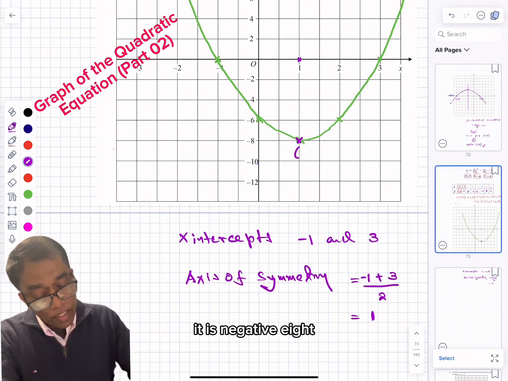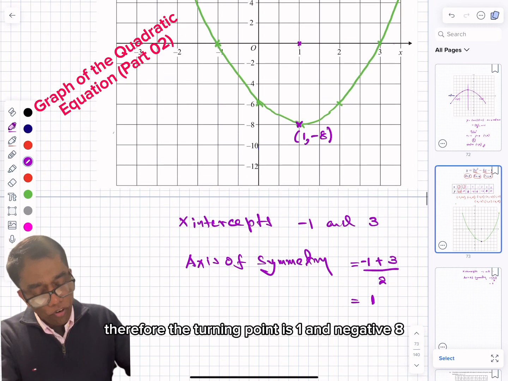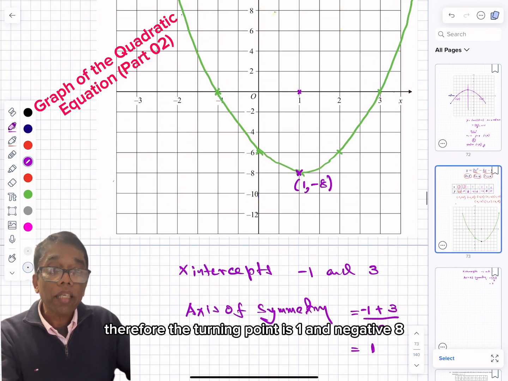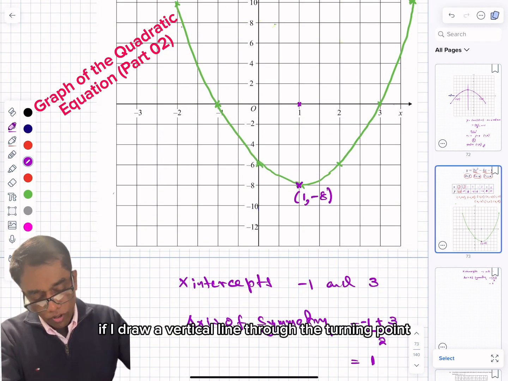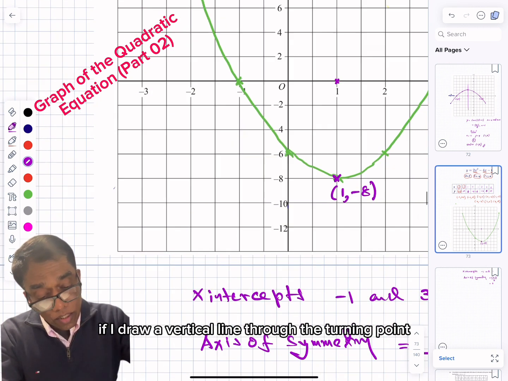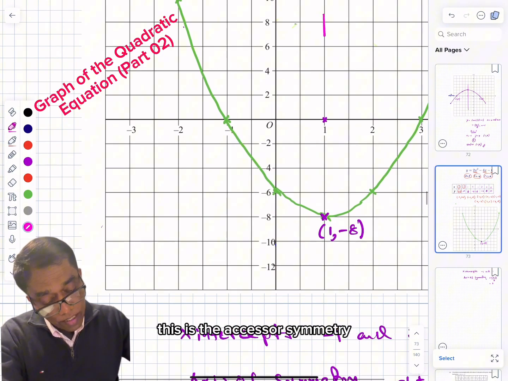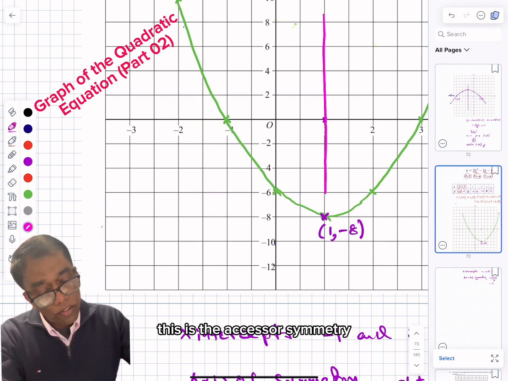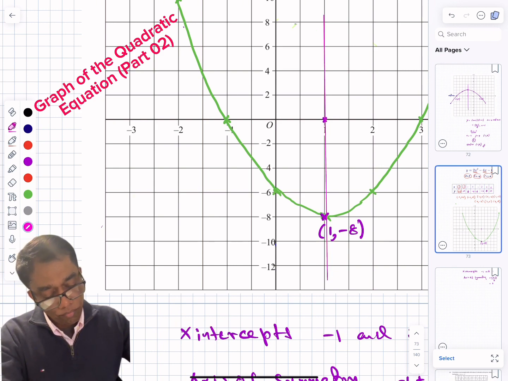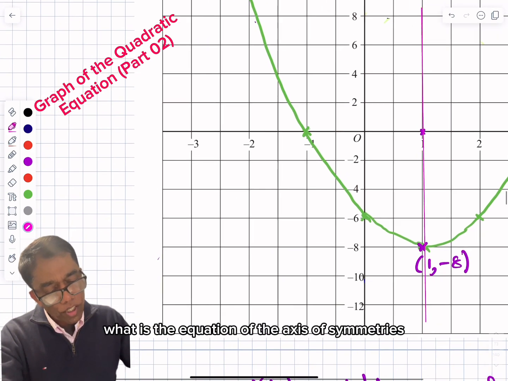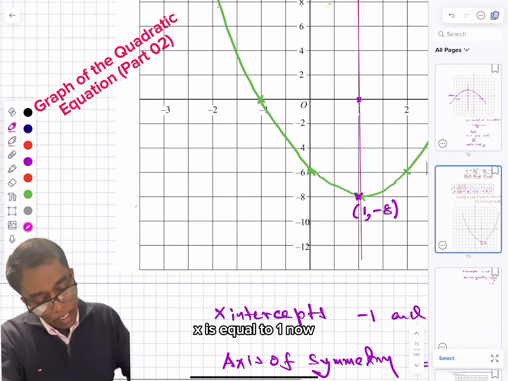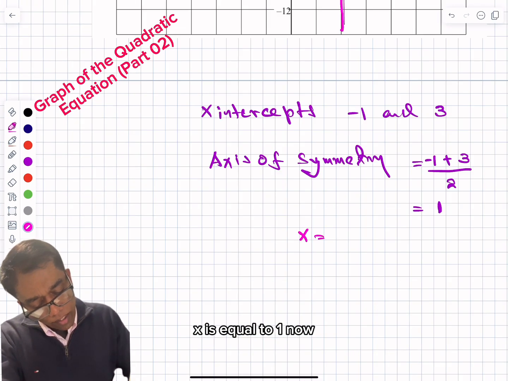It is negative 8. Therefore, the turning point is (1, -8). If I draw a vertical line through the turning point, this is the axis of symmetry. What is the equation of the axis of symmetry? x is equal to 1.